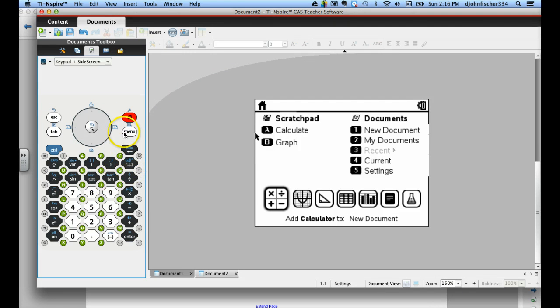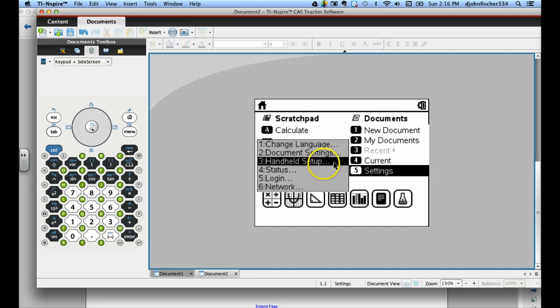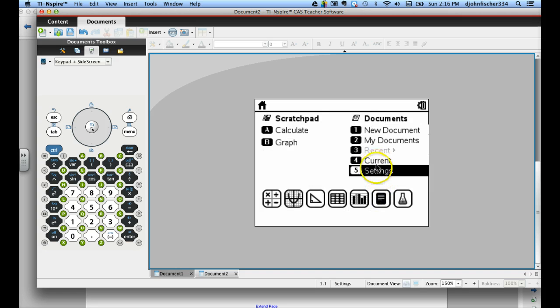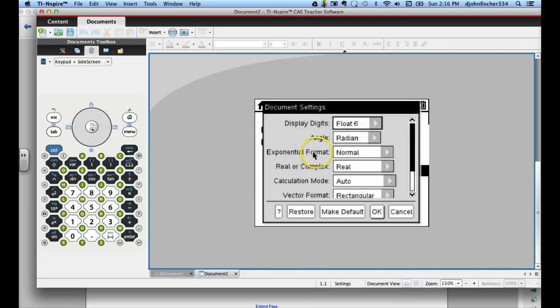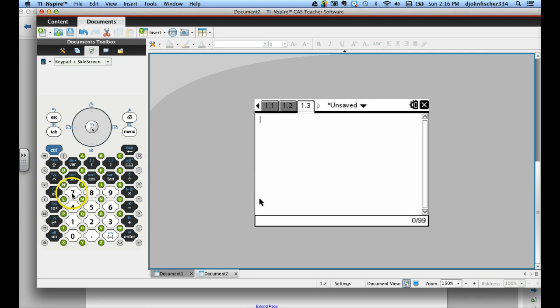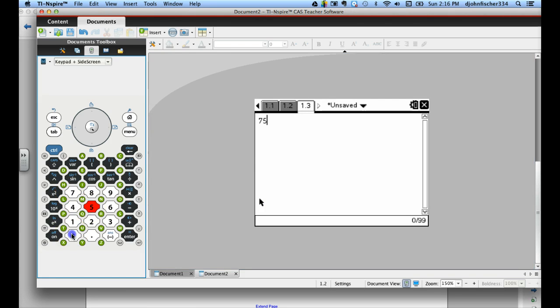I've got 24 degrees, so I'm going to have to go through here and say settings, handheld setup, wrong one, cancel, settings, document settings. I'm going to have to change this to degrees. Okay. And then it's going to be 750 times tangent of 24 degrees.